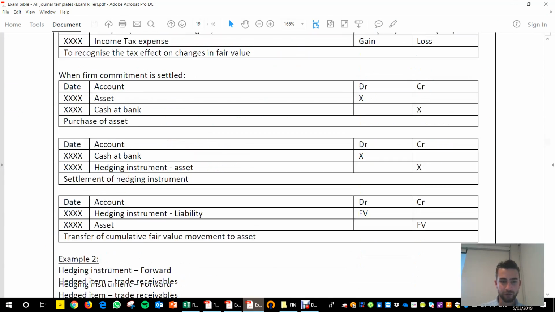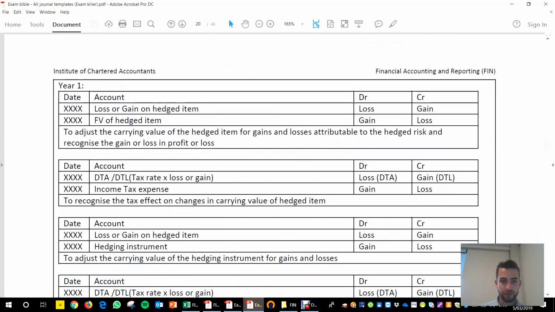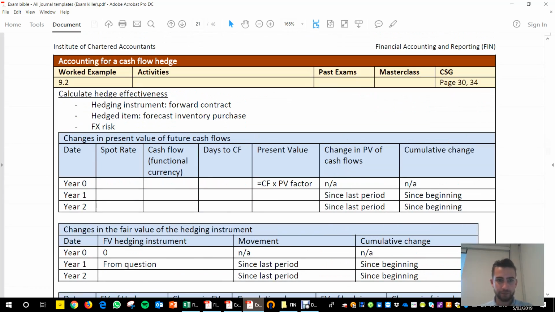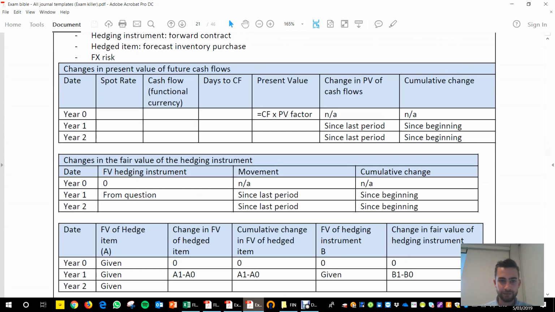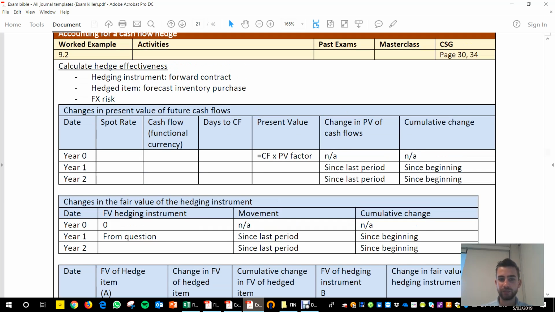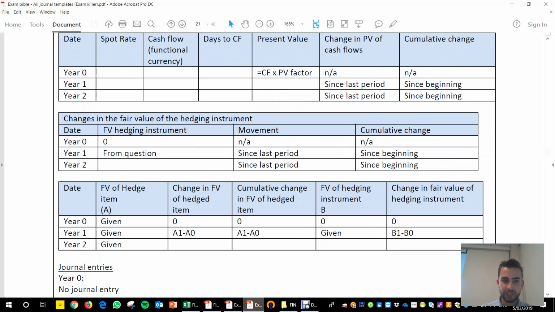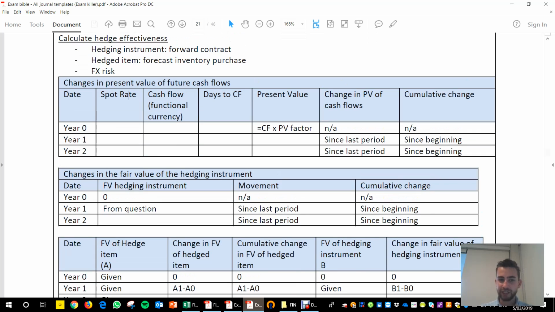So let's have a scroll down, and we're going to move to how to account for a cash flow hedge. So how do we do this? We need to calculate the present value of future cash flows. And there's a table here which will tell you how to do that. The next step is to calculate the changes in the fair value of the hedging instrument.